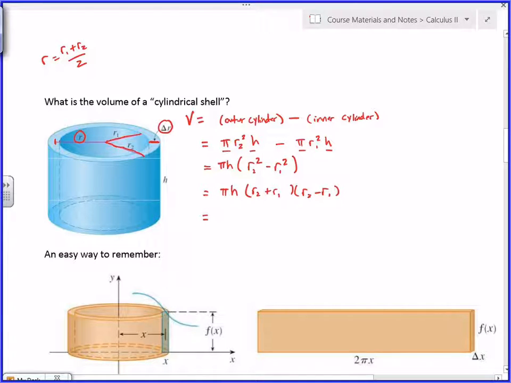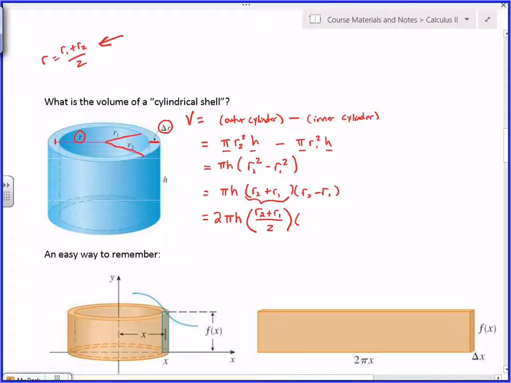And the last creative step that they went through and did was to make this into the average, like I have up here, r1 plus r2 over 2, by dividing by 2. But you can't just stick a 2 in without pulling a 2 out, so we'll put a 2 out here. Notice I've just multiplied by 2 over 2 now.